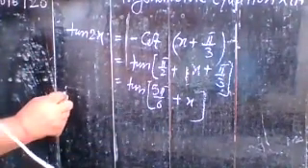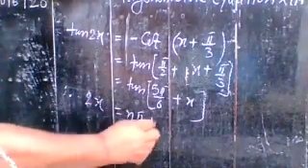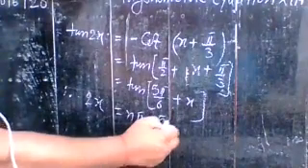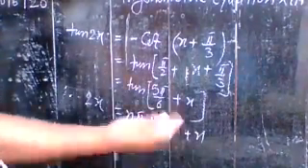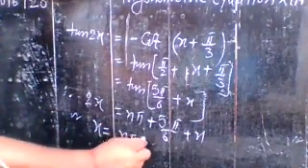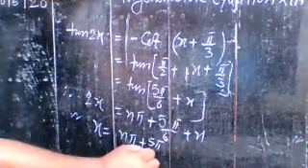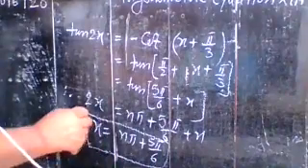So if you apply it here, you have 2x is equal to n pi plus alpha, means n pi plus 5 pi by 6 plus x. If x is transferred to the left side, you have x is equal to n pi plus 5 pi by 6. You have the result like that.